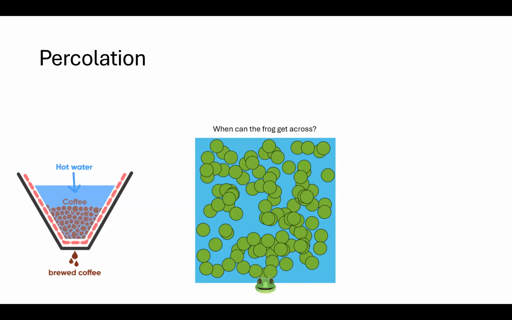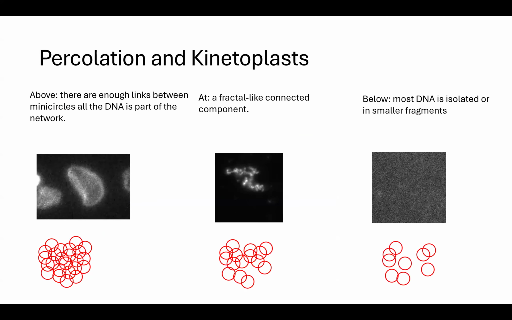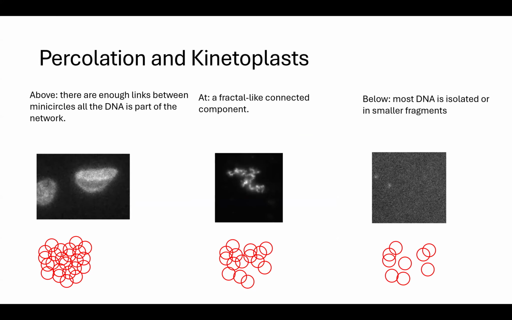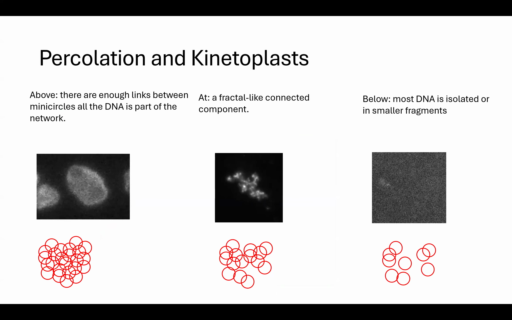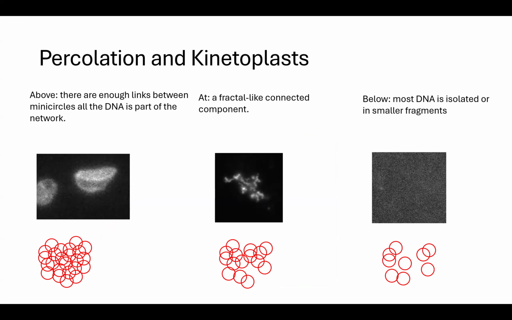So in the context of kinetoplasts, basically you can remove minicircles from these networks, and when the density of links gets below the percolation threshold, you no longer have a network, you just have a bunch of different DNA molecules.